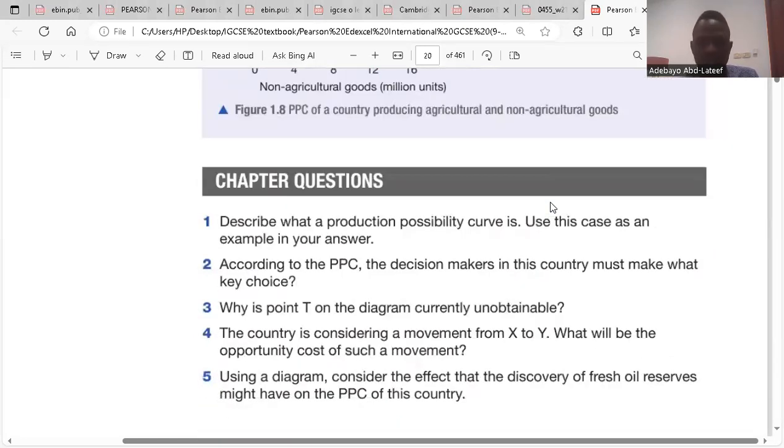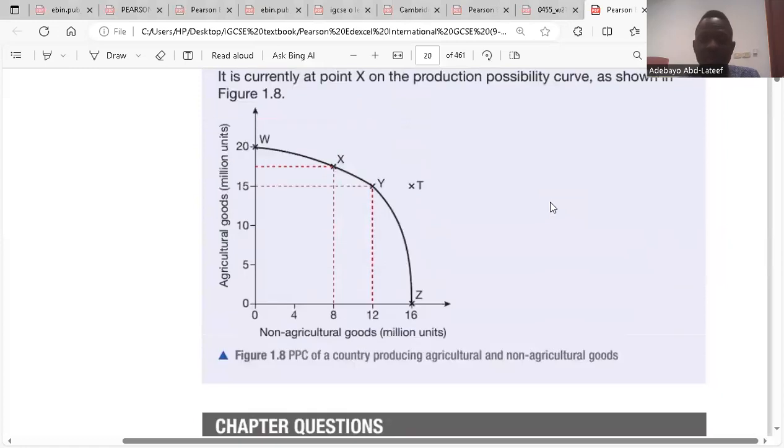Question 4. The country is considering a movement from X to Y. What will be the opportunity cost of such a movement? Moving from point X to Y means the country is reducing the production of agricultural goods to start producing non-agricultural goods.